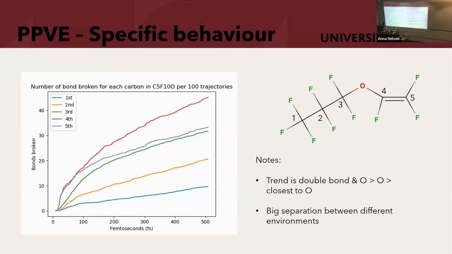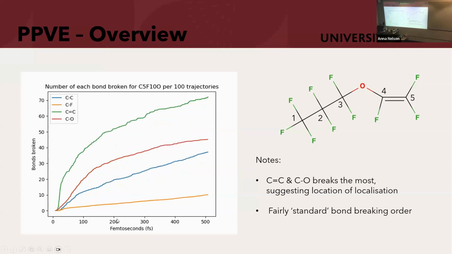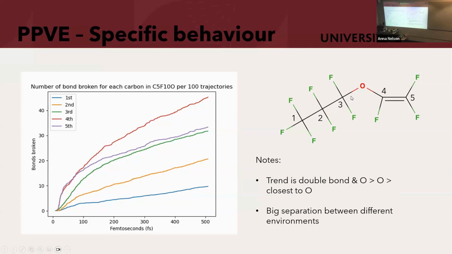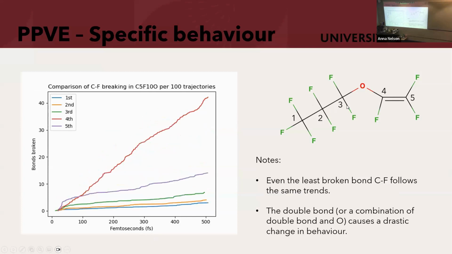And even here, where the fluorines don't look particularly interesting, it's practically linear. But if we look at each individual fluorine environment, we find that there is actually something going on. So this CF bond here on the carbon experiences both the oxygen and the double bond.